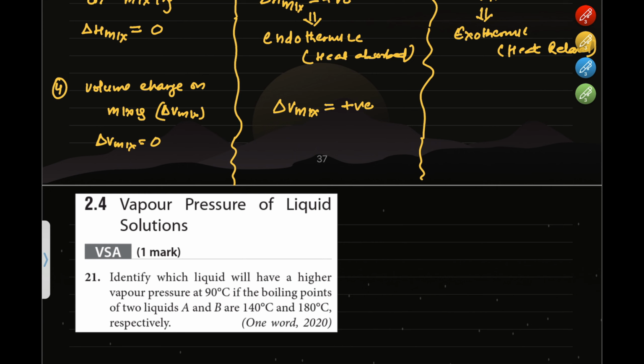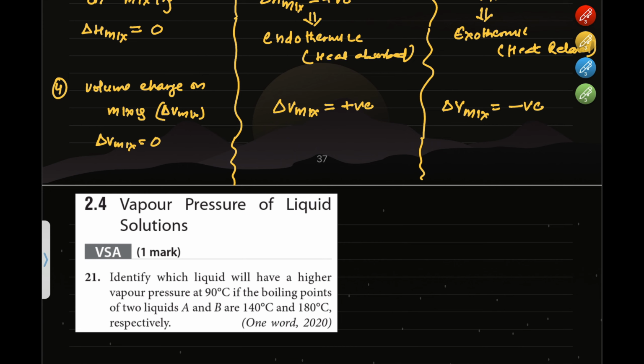Okay, but in negative deviation, opposite of this, delta V mixing is negative. Why? Let's look into the molecular level. When we add a solute in the solvent, the volume of the solution decreases because after addition of the solute in the solvent, the solute and solvent interaction in the solution is stronger.